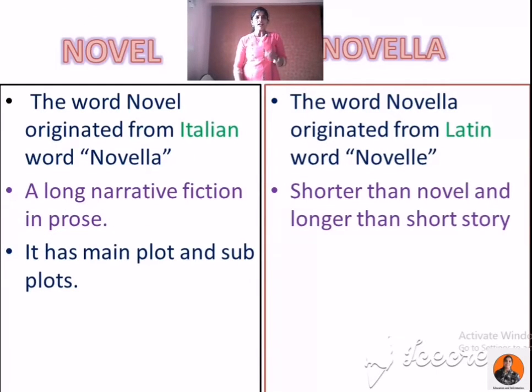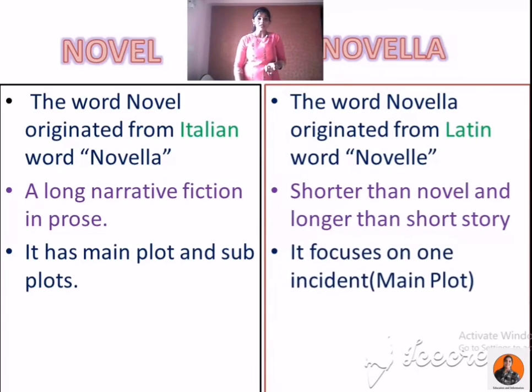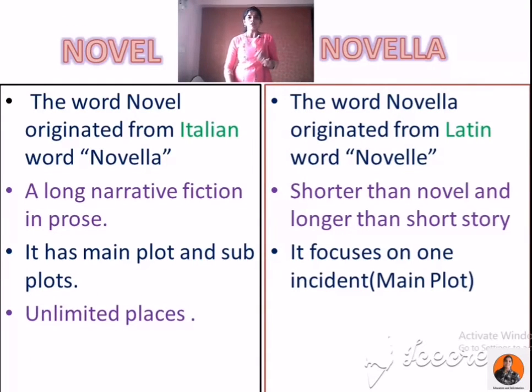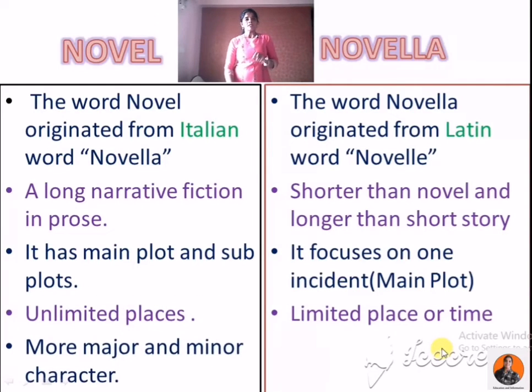A novel has a main plot and subplots. Various subplots can be there, but a novella focuses on one incident or only one main plot. Next difference: a novel has unlimited places, but a novella has limited place or time.